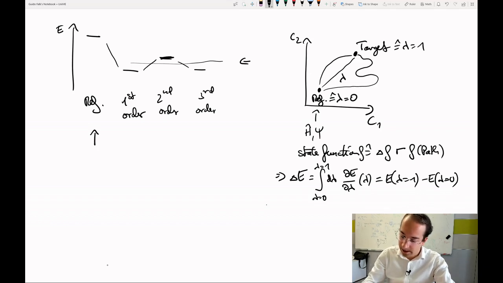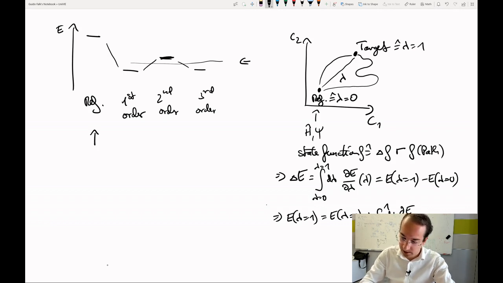Now, you can also take these expressions and you can say, what if I do this as a Taylor expansion? And we will use that in the later stage of today's and tomorrow's lecture, by saying that this would be the same as evaluating a Taylor polynomial. So I would be saying the energy of lambda equals 1, so the one of the target, is the energy of the reference for lambda equals 0, plus this integral of the partial derivative of E with respect to lambda.